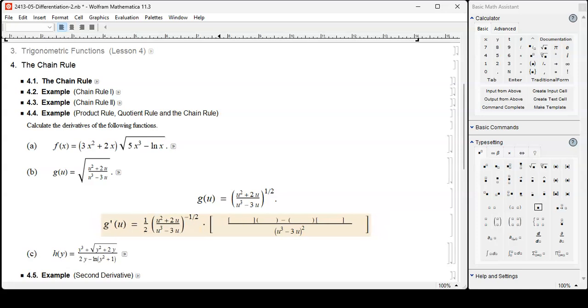U is already taken. U is a variable here, so okay, alright: the derivative of the numerator times the denominator, minus the numerator times the derivative of the denominator. The parentheses are just copying and pasting, so let's go ahead and do that. That's this.